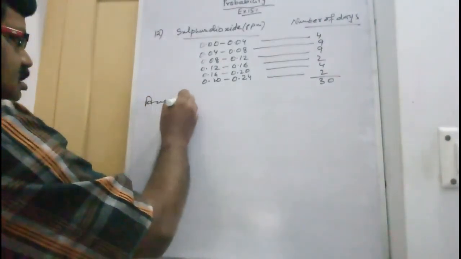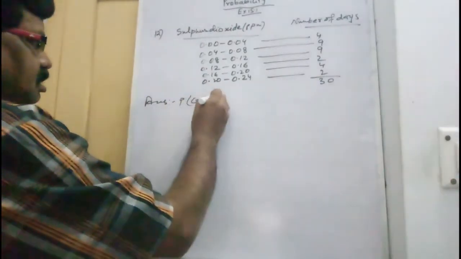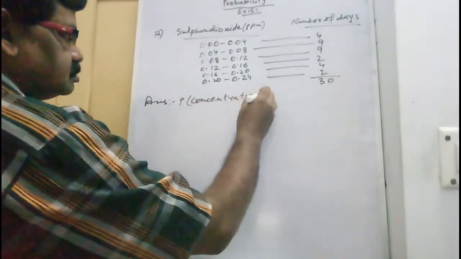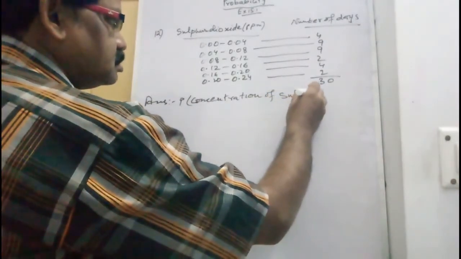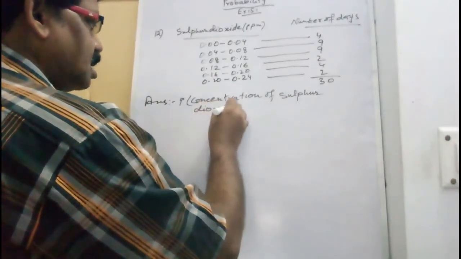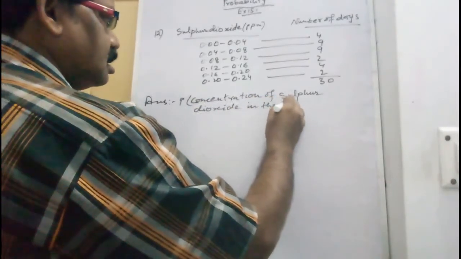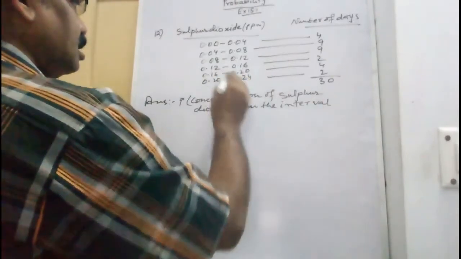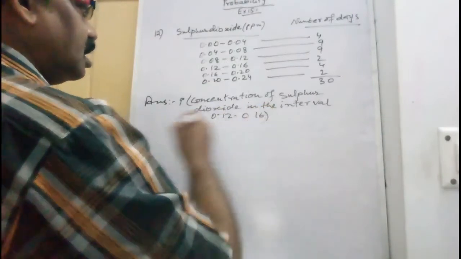So answer P, concentration of sulfur dioxide in the interval 0.12 to 0.16.